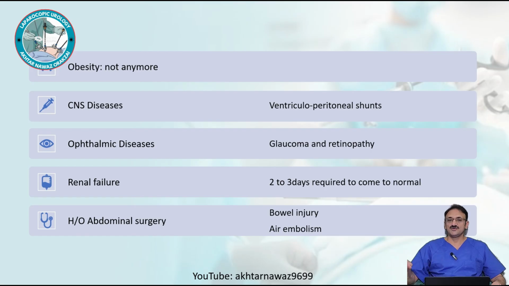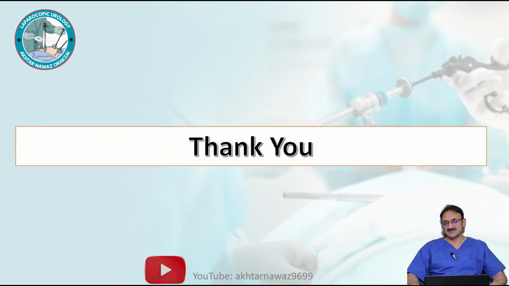However, oliguria cannot be called renal failure because it is going to reverse in 12 to 48 hours. And if there is any history of abdominal surgery, there may be air embolism or bowel injury that has to be taken into account. Thank you very much for listening patiently.